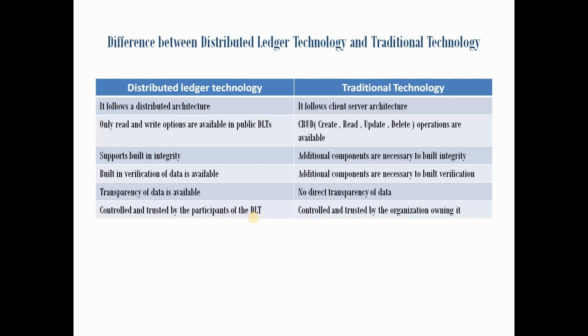If the participants agree that the data is correct, then only it will be stored in the DLT. Otherwise, the transaction won't be allowed in the blockchain. On the other hand, in traditional technology, we need to trust the central authority to store and provide authentic data. For example, if you are using Facebook, then we need to trust Facebook to provide authentic details about a particular participant.